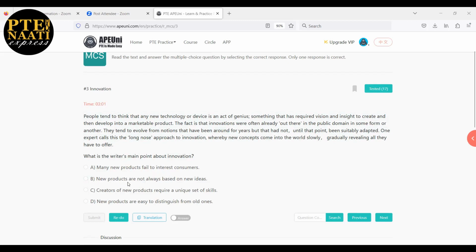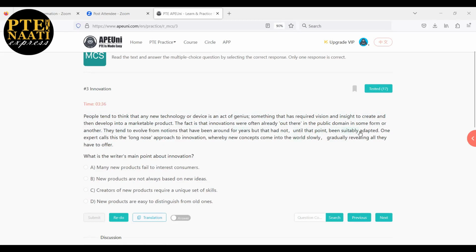Let's look at the next. Products are not always based on new ideas. People tend to think that new technology or device is an act of genius, something that has required vision and insight to create and then develop into a marketable product. Innovations are often already out there, in some form or another. They tend to evolve from notions that have been around for years.